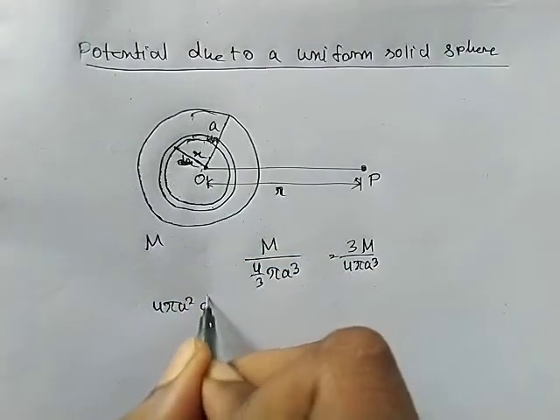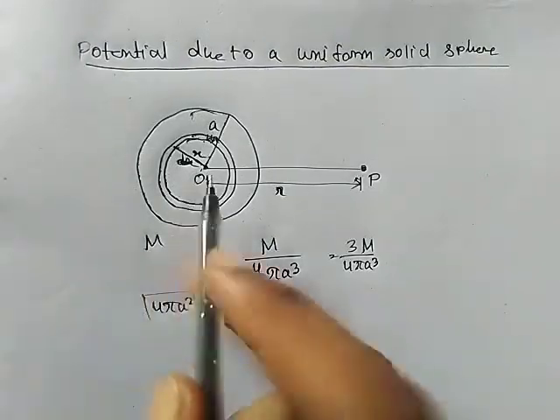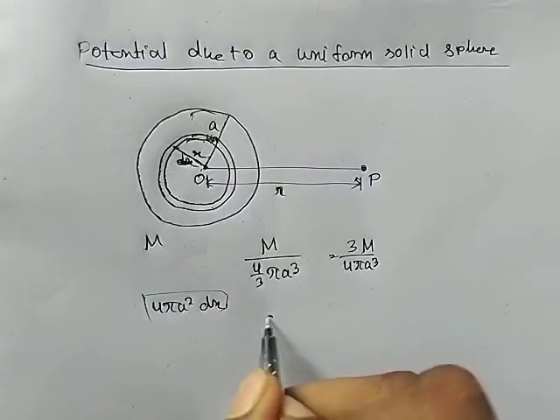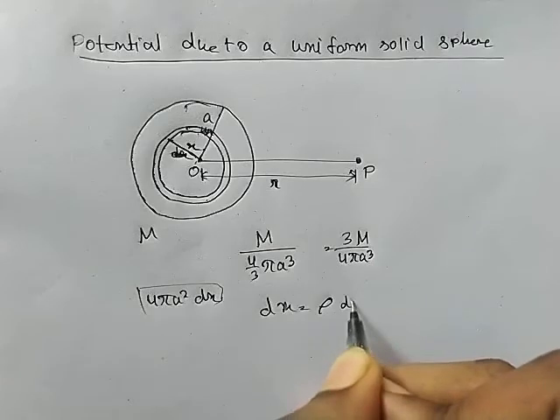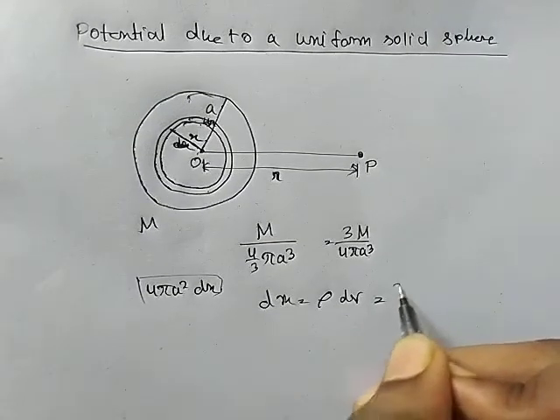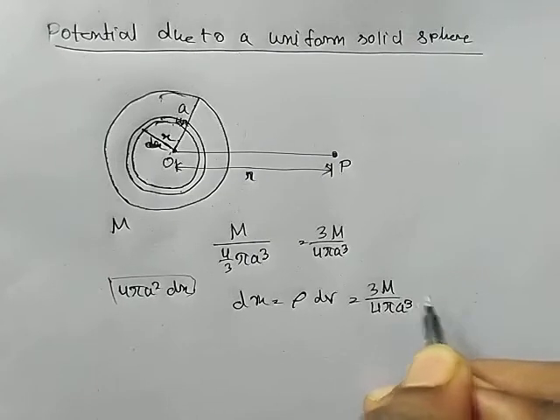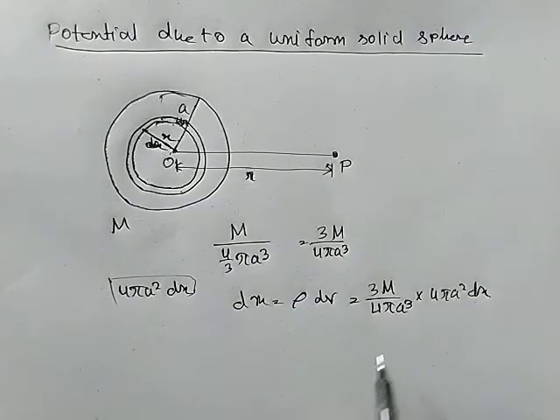So the mass of this spherical shell becomes rho dV equals 3m by 4 pi a cube into 4 pi a square dx.